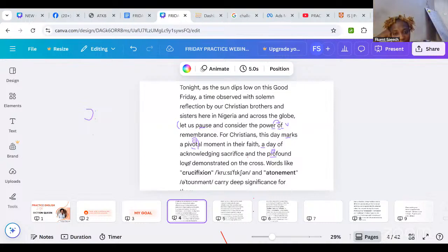Demonstrated, not demonstrated. Let's talk about stress in the word demonstrated. In English language, when you have a word that has more than one syllable, a part of the word must be stressed. So in the word demonstrated, the E is stressed.